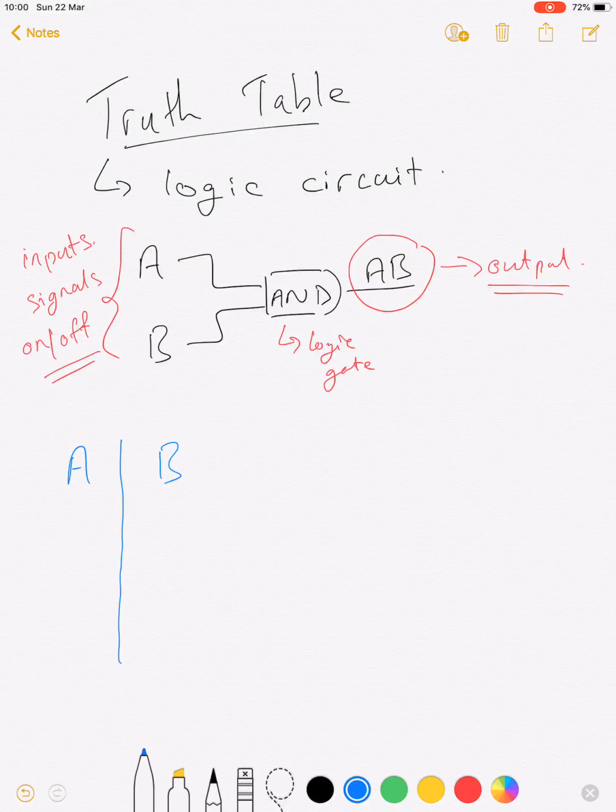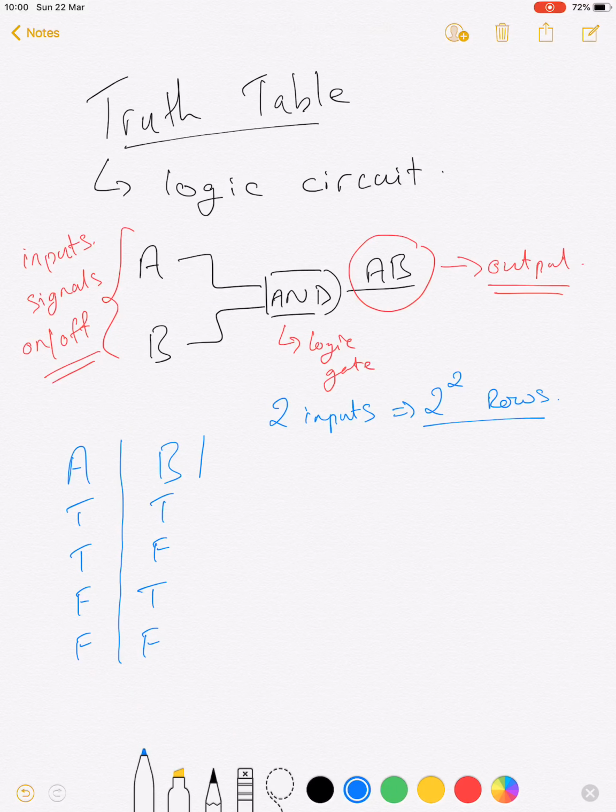We have two inputs, which gives us, with two options, 2 to the power of 2 rows. So A can be true, true, false, false, and B true, false, true, and false.